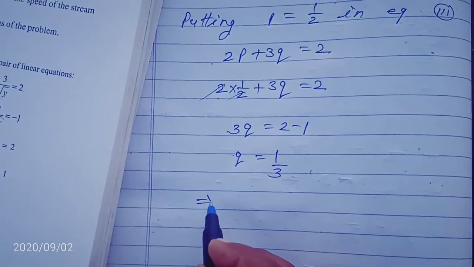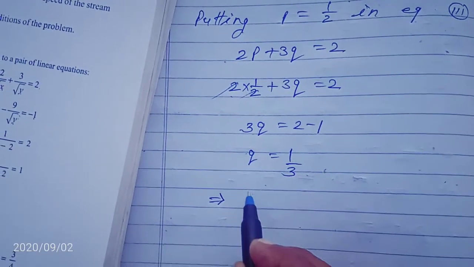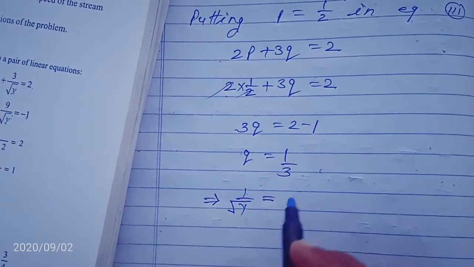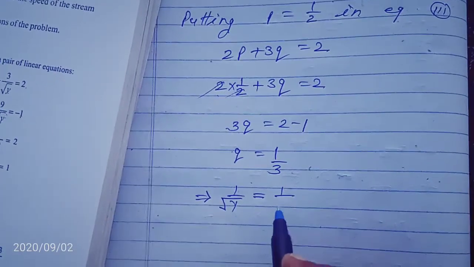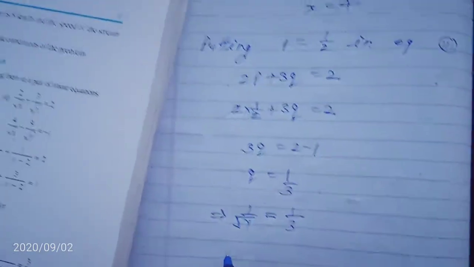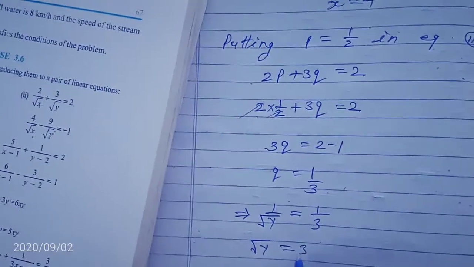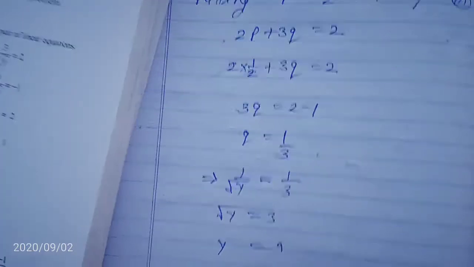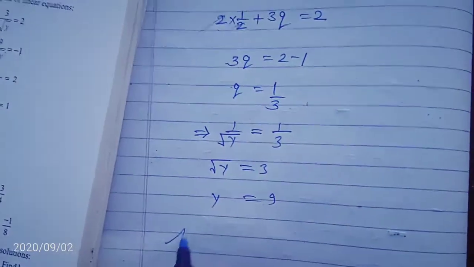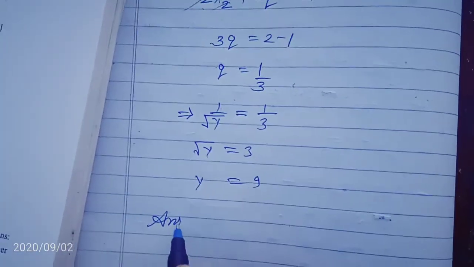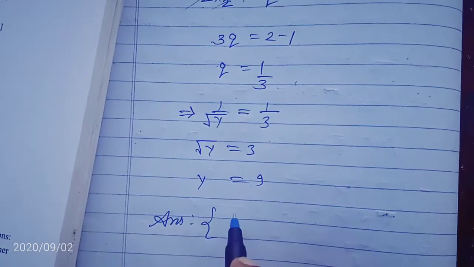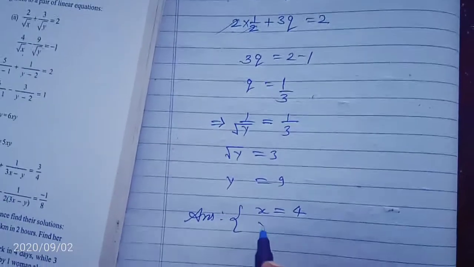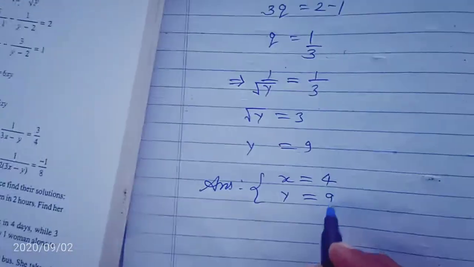This implies that q is equal to 1 by square root y, so 1 by square root y is equal to 1 by 3. So square root y is equal to 3, and y is equal to 9. So the solution of the equations is x is equal to 4 and y is equal to 9.